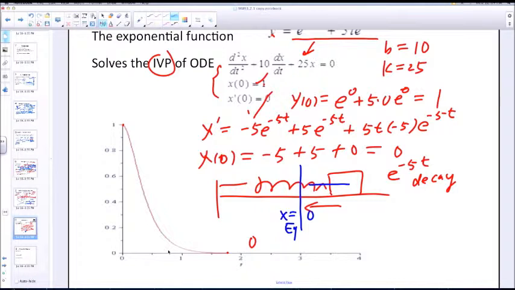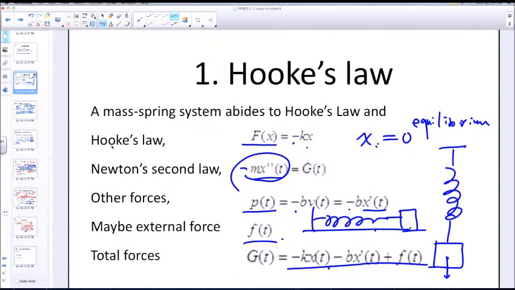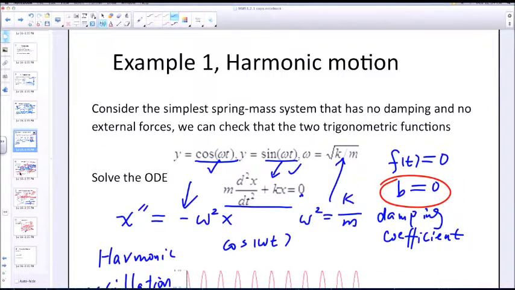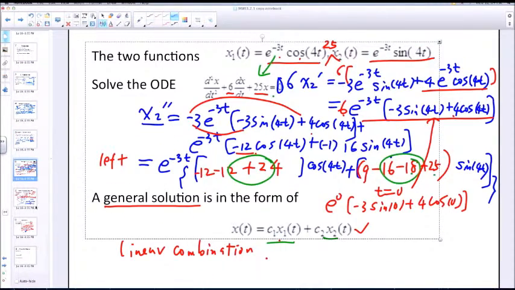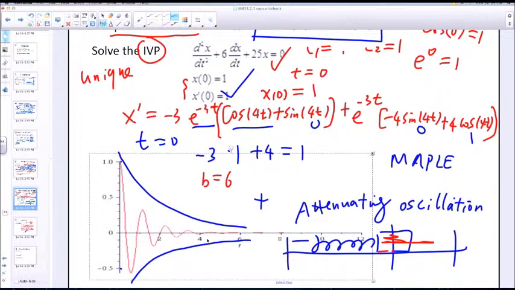So the 4 examples above, I give you all the different phenomena. The first one is a perfect harmonic oscillation, and the second one is the most typical phenomenon. It's an attenuating oscillation.